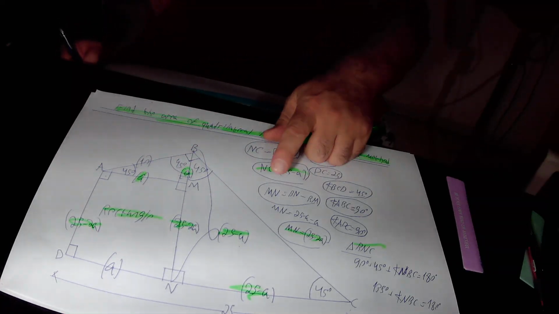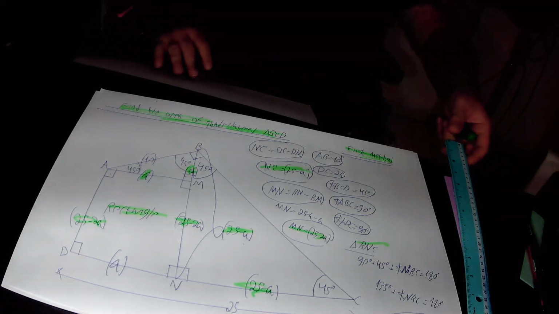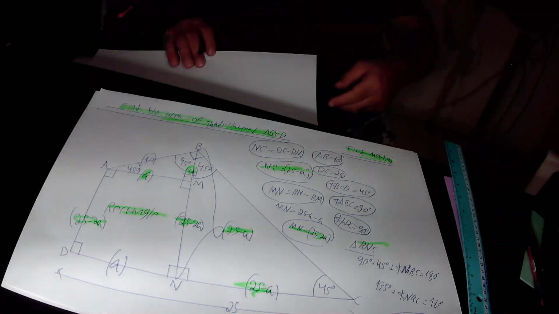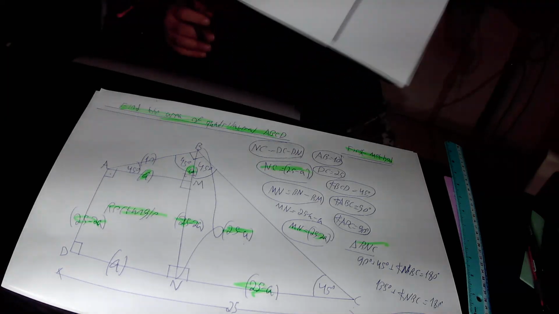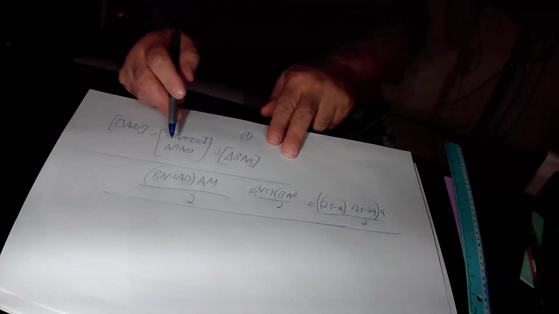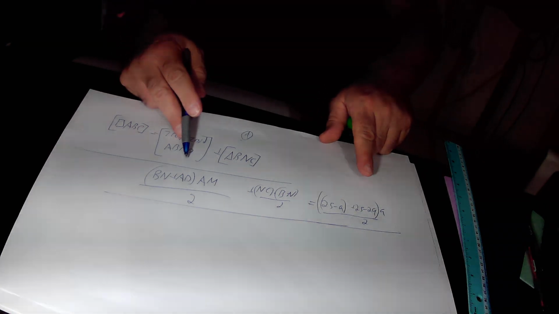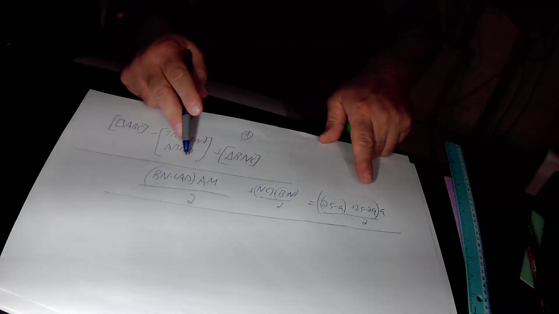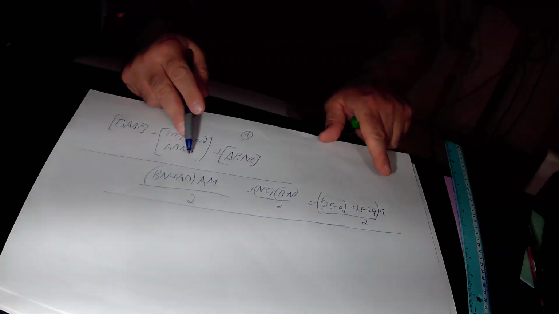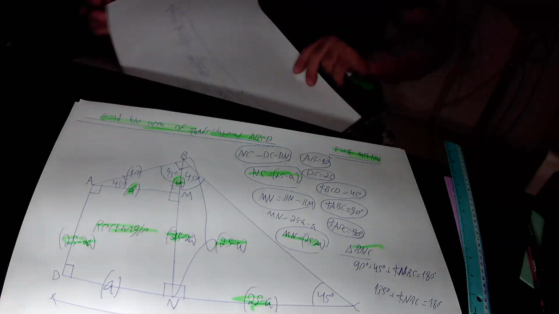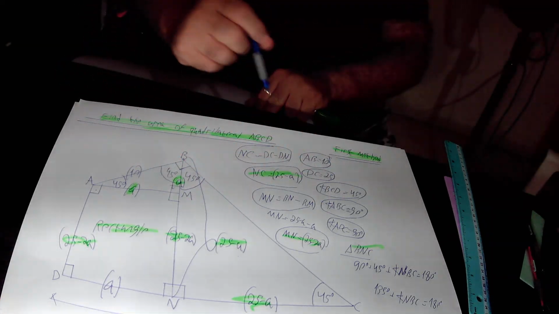Plus the area, so in total, the area of trapezoid ABND equals BN, that is 25 minus A, plus AD, that is 25 minus 2A, times the height A over 2, plus the area of this right triangle BNC.